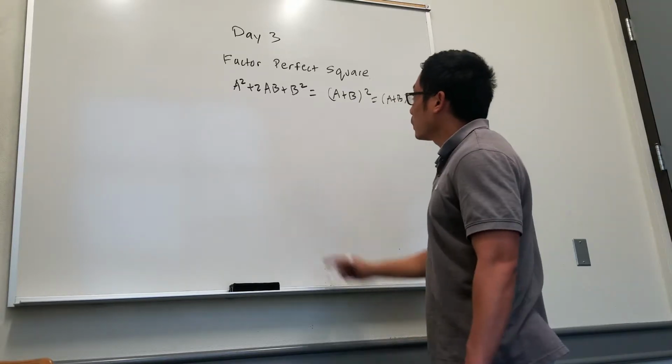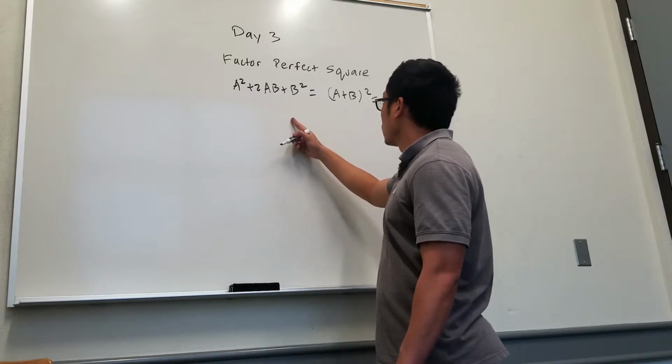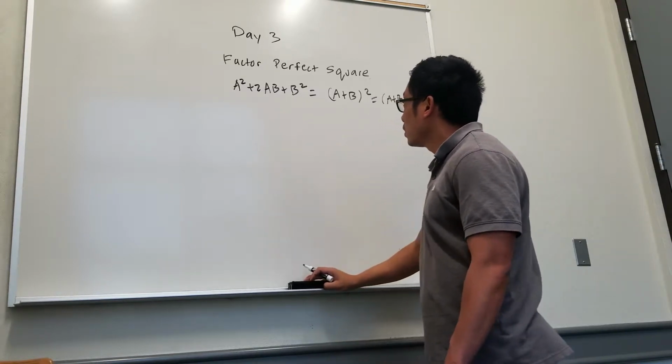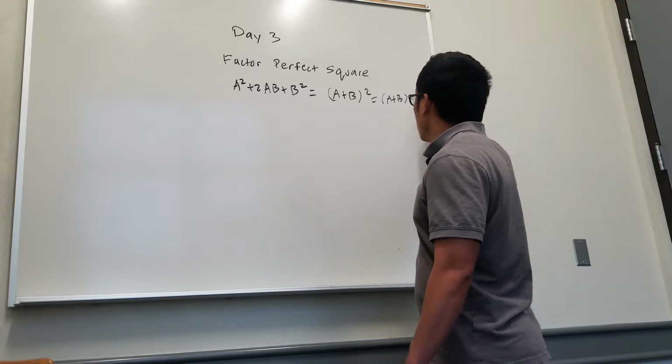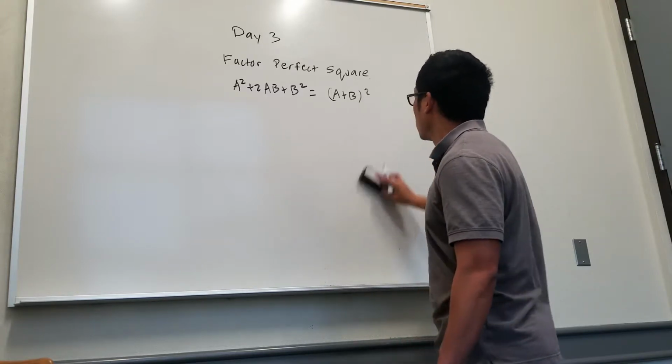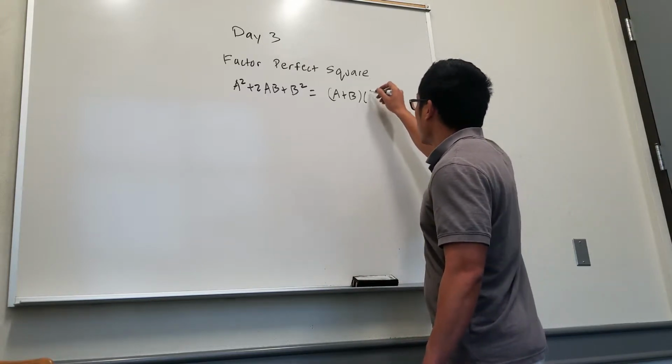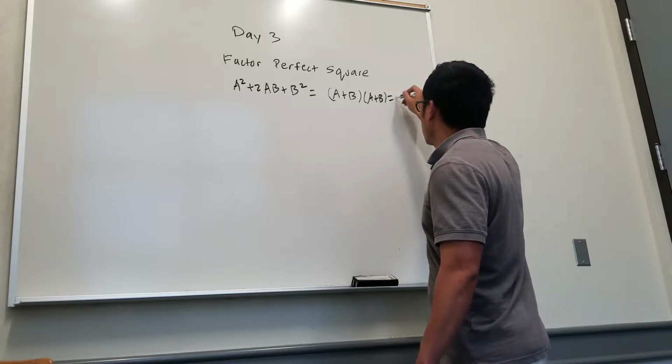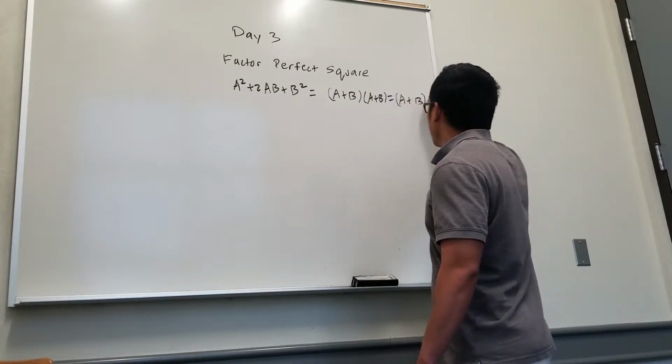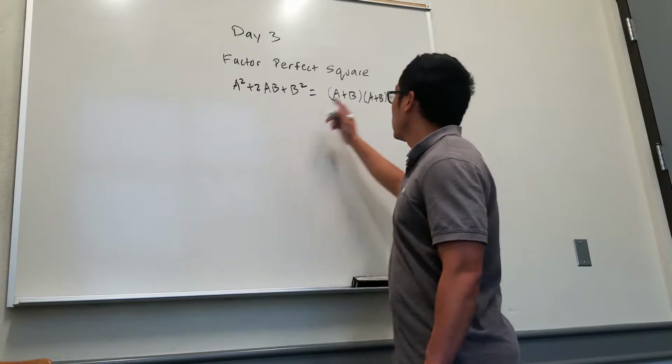Okay, so let's go back to this. Let's do this first. Just rewrite it like this: a plus b, which is equal to a plus b squared. So we're going to go from here to here.